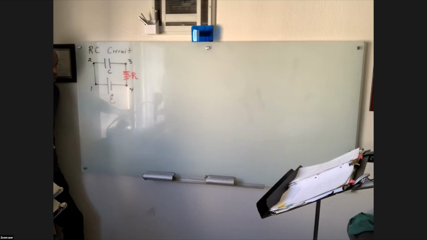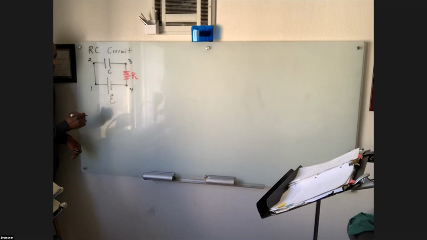So I guess if we start at 1, then we will do Q over C. Awesome. And then it will be negative I times the resistance.